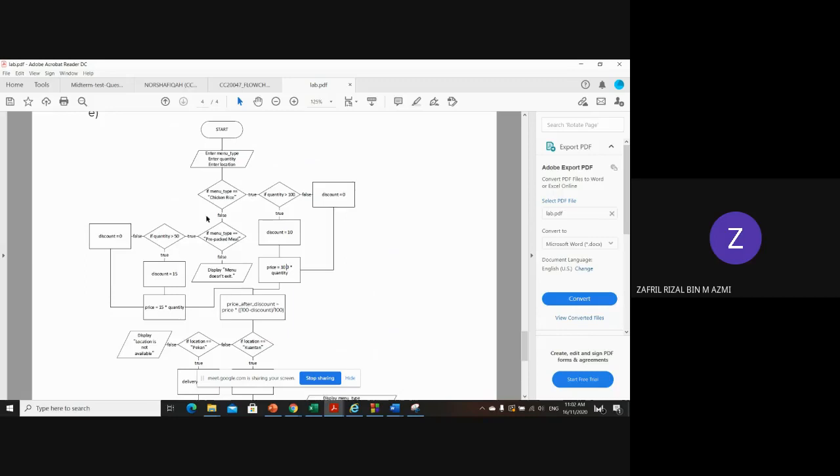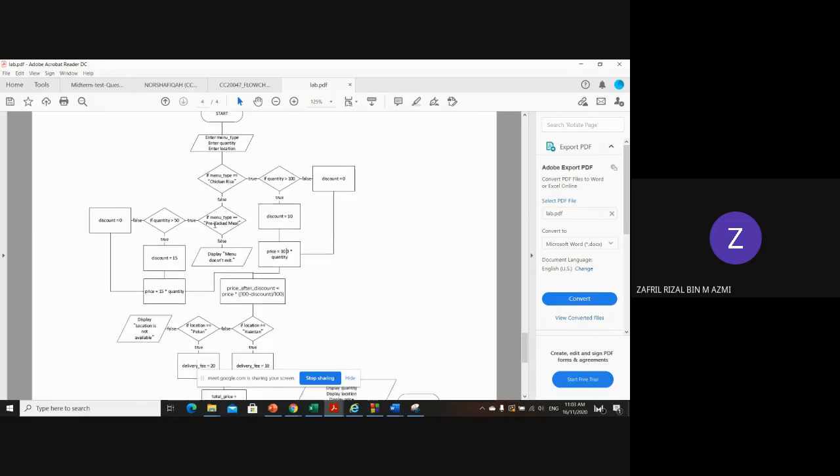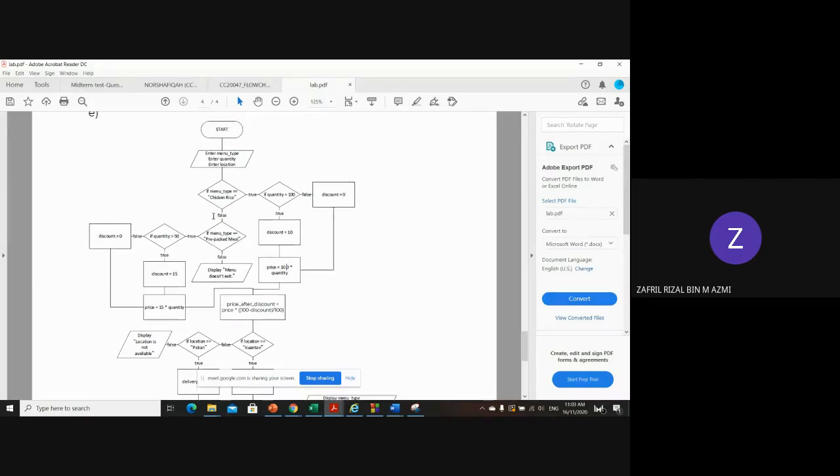So if false for the menu type, if the menu type equal to chicken rice is false, then check for the second menu. Second menu. Alright. Okay, you can do like this, but it is wrong.